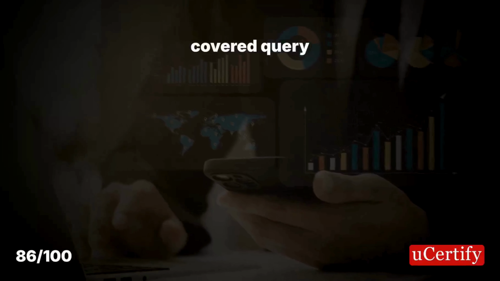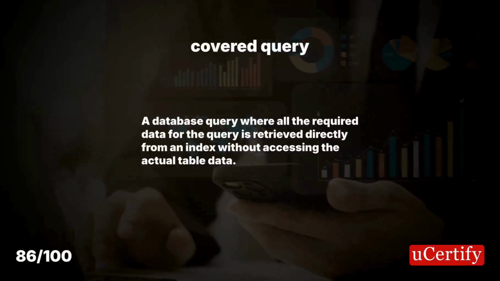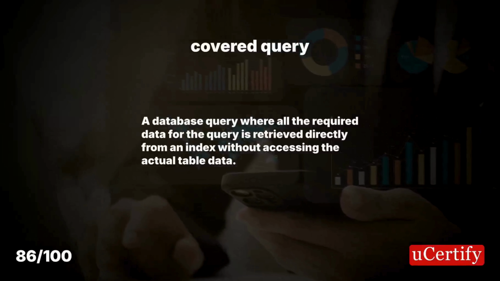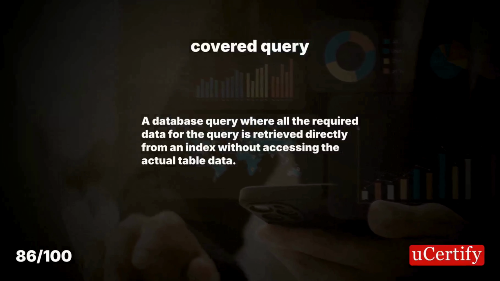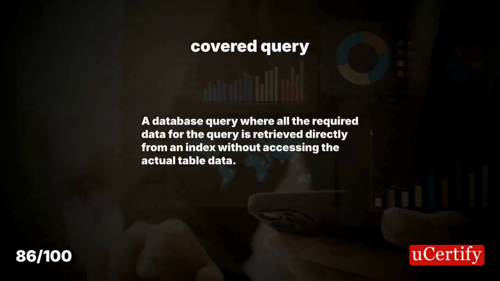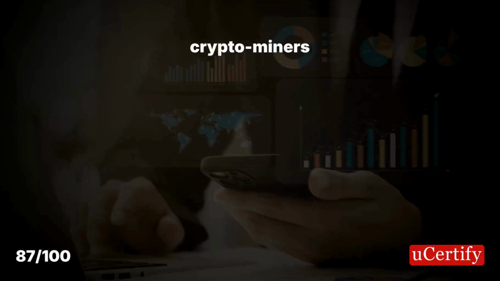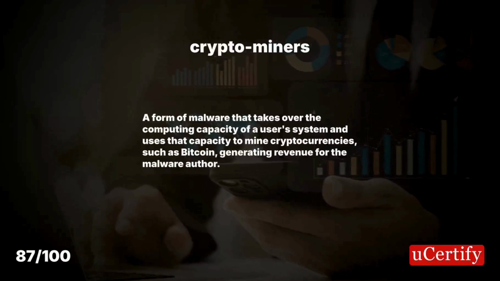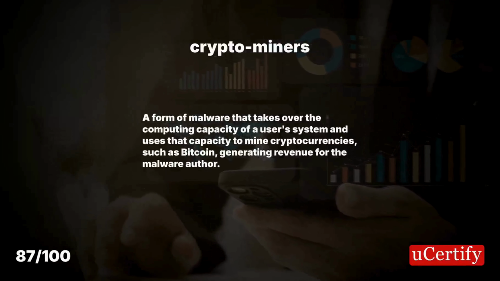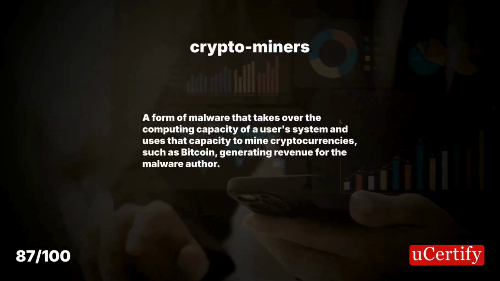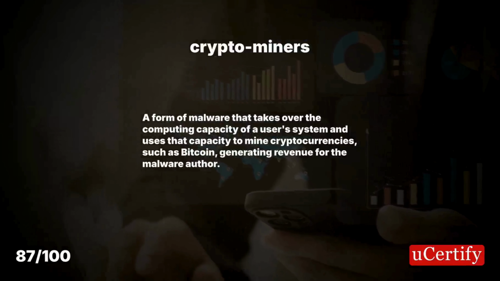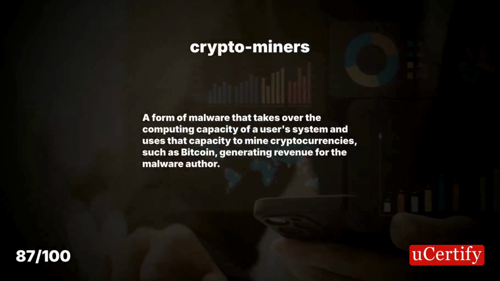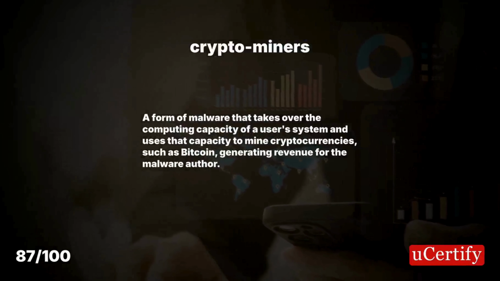Term: covered query. Definition: a database query where all the required data for the query is retrieved directly from an index without accessing the actual table data. Term: crypto miners. Definition: a form of malware that takes over the computing capacity of a user's system and uses that capacity to mine cryptocurrencies, such as Bitcoin, generating revenue for the malware author.